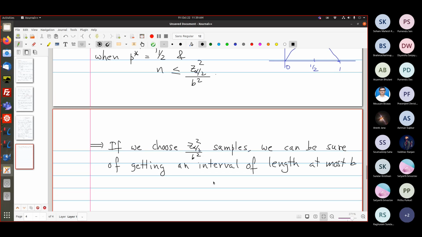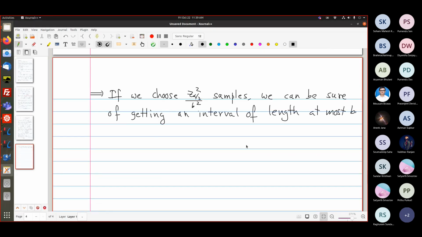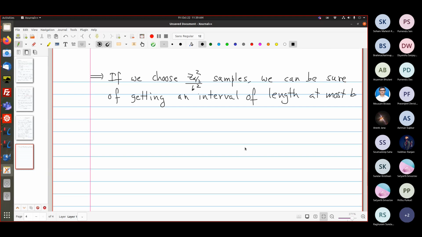Okay, is this clear? Okay, right. So good. So as I said, this is the last confidence interval I will discuss.